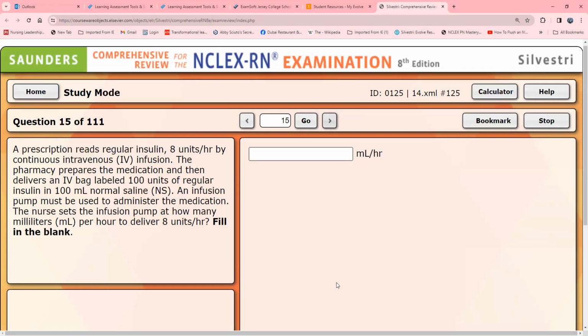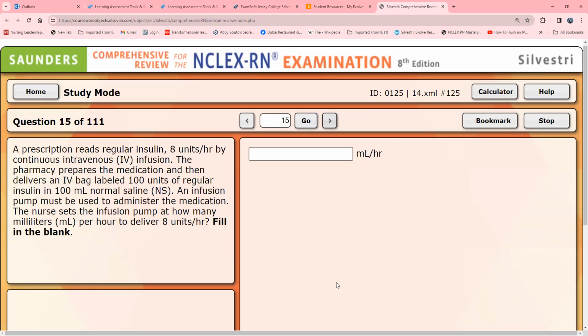Yes. Okay, this is what I need you to see when you read those statements at the end of the question. So if it's desired over have, what is your desired dose? The 8 units. And what do you have on hand? 100 units of regular insulin in 100 milliliter saline. It's 100 units per 100 mL.